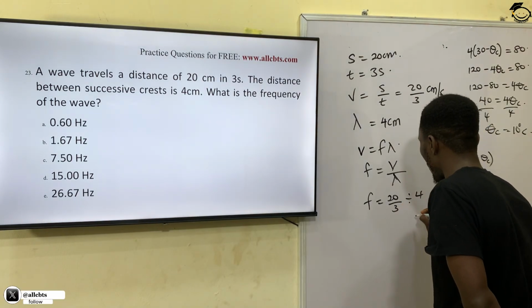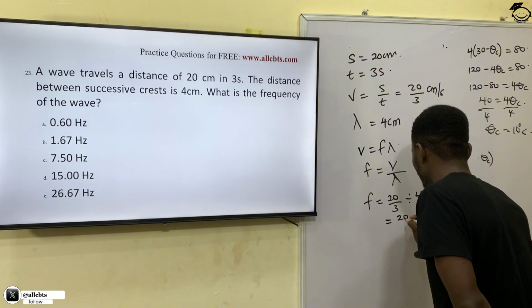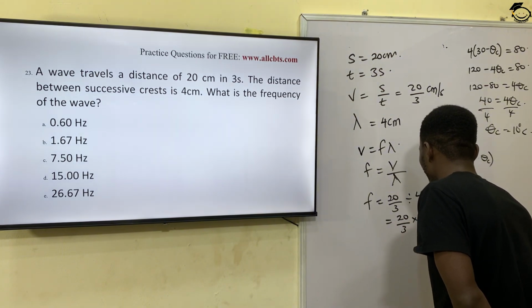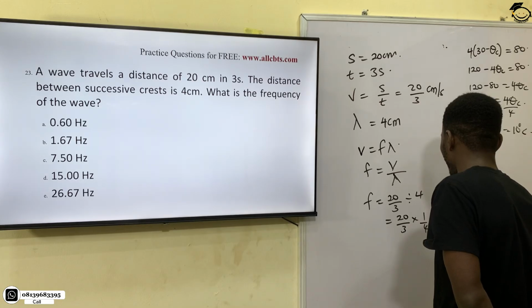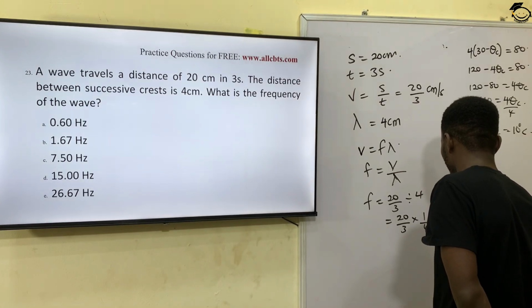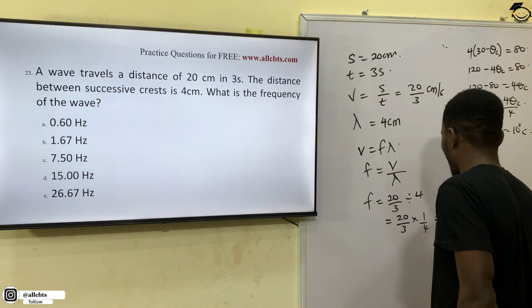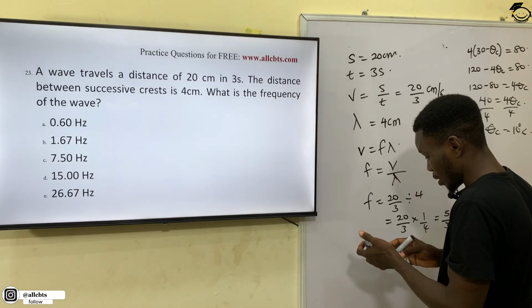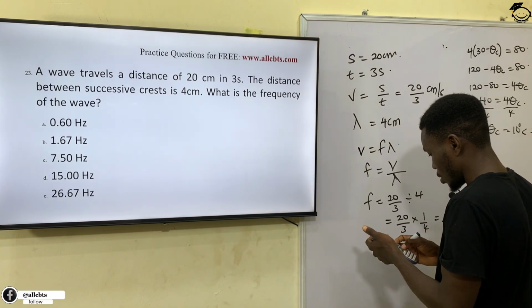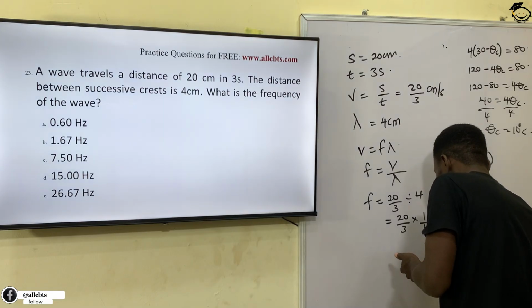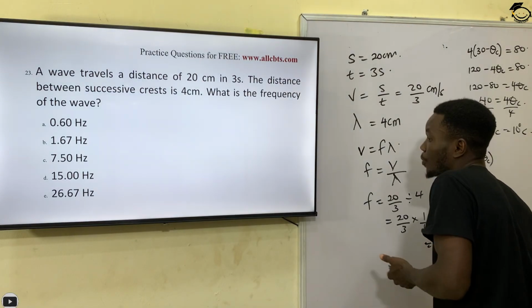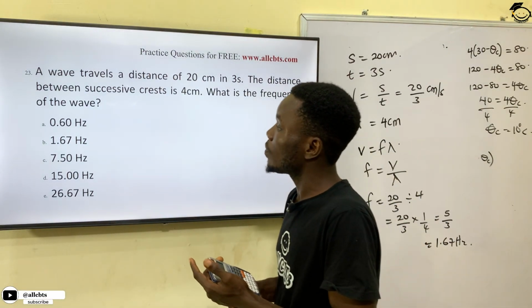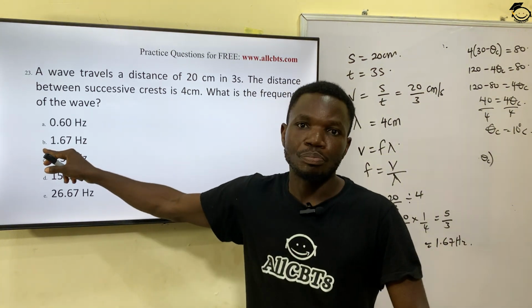This is the same as 20 divided by 3 times 1 over 4, which is 5 over 3. And 5 over 3 will give me 1.67 Hz. So the correct answer to this question is 1.67 Hz, which is option B.